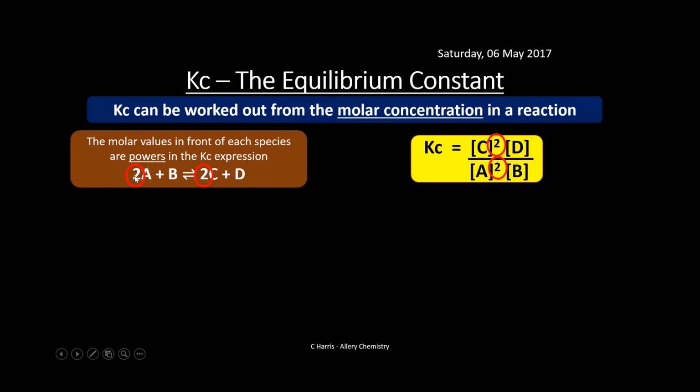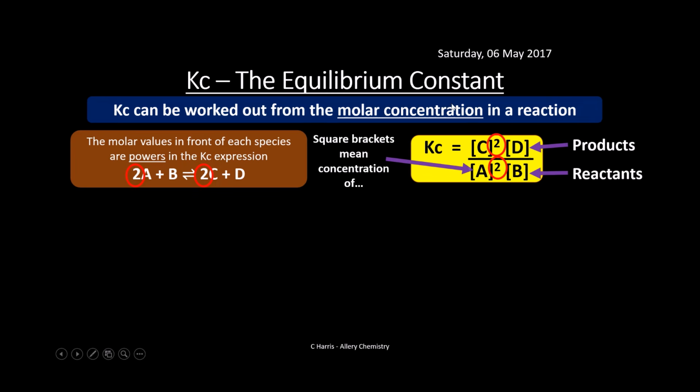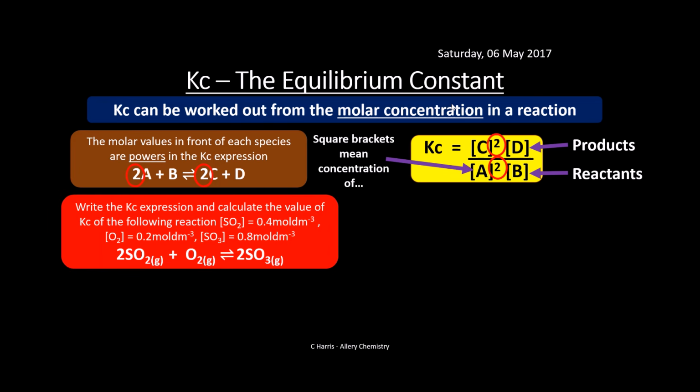So the number of moles in front of it is now a power in a Kc expression. Square brackets mean concentration. Very important, it must be in concentration. We can't use moles, it's got to be concentration. So make sure the numbers you're using are concentrations.